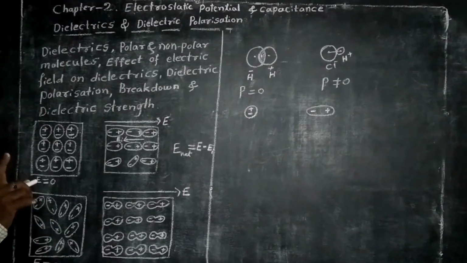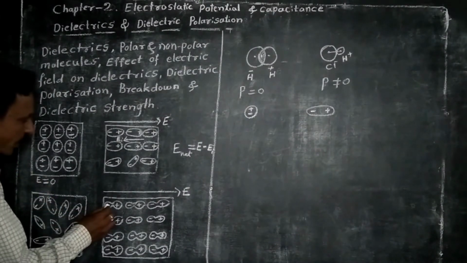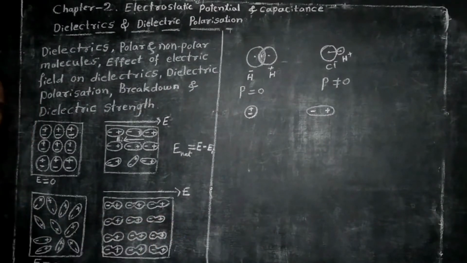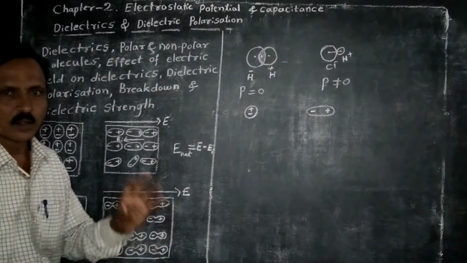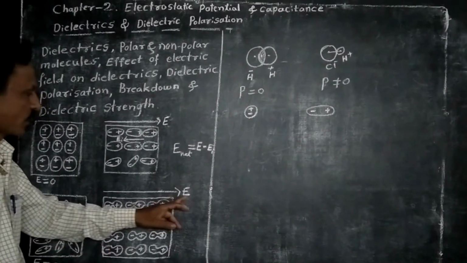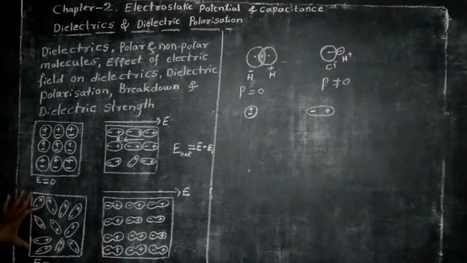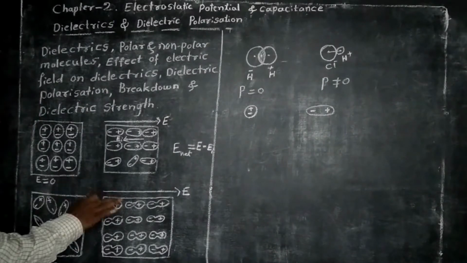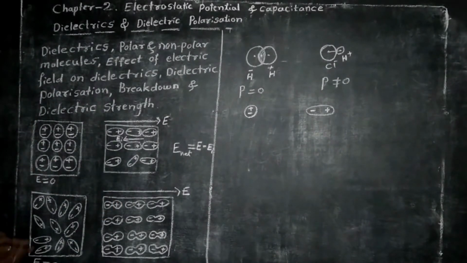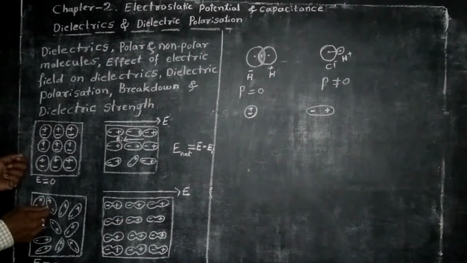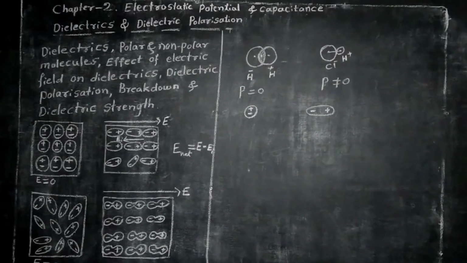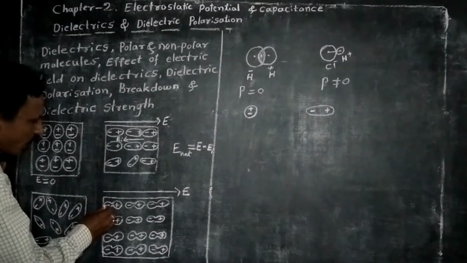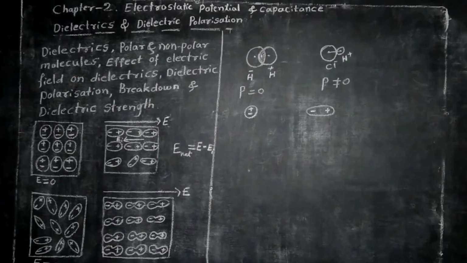The direction of the dipole moment is always from negative to positive, right? Then what is the effect of an external electric field on polar molecules? When a polar dielectric is placed in an external electric field, the molecules experience torque till the dipole moment aligns along the direction of the electric field.